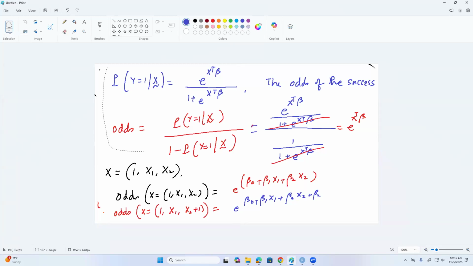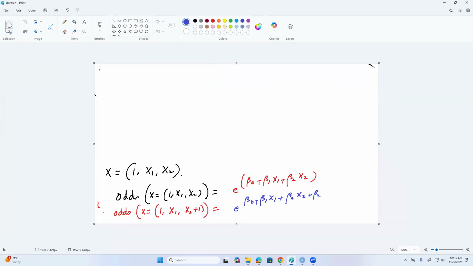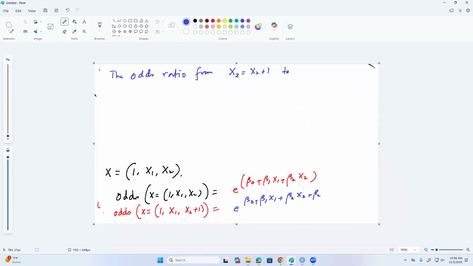And calculate. Now I calculate the odds ratio from x2 to x2 plus 1 while x1 remains unchanged.